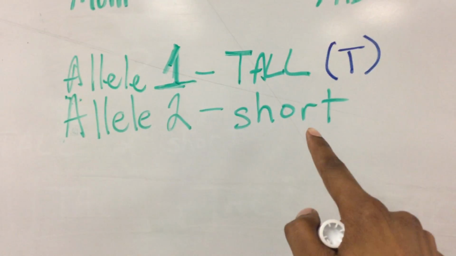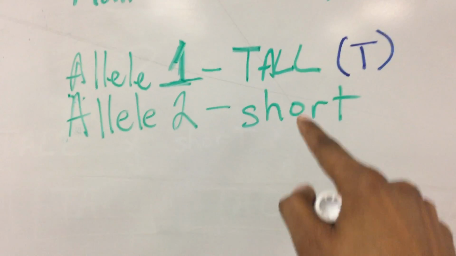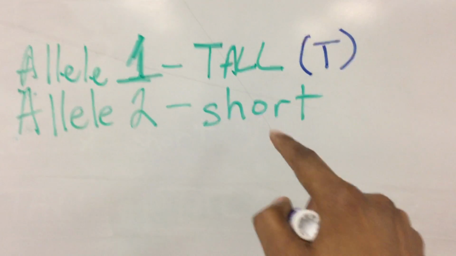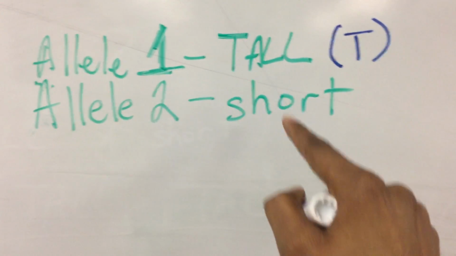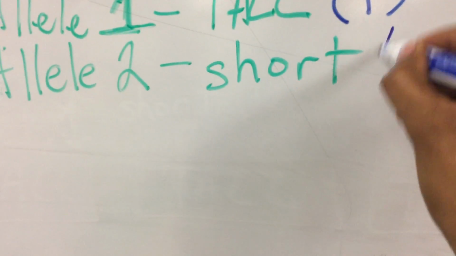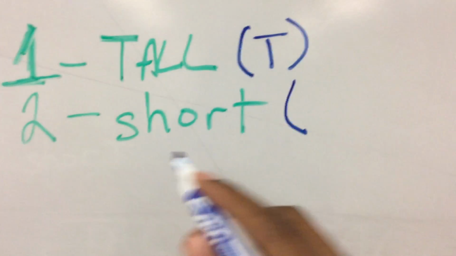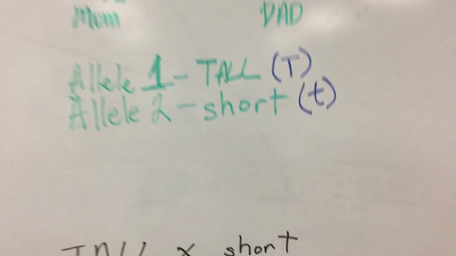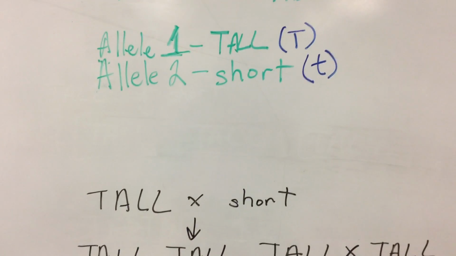It's a different allele, it's a different version, but they're both the same gene. They're both the gene for height. This is the tall allele, this is the short allele, the tall version, the short version, but they're both a gene for height. So I'm going to use a T for both of them, but for the short one, I'm going to use a lowercase t. Okay?